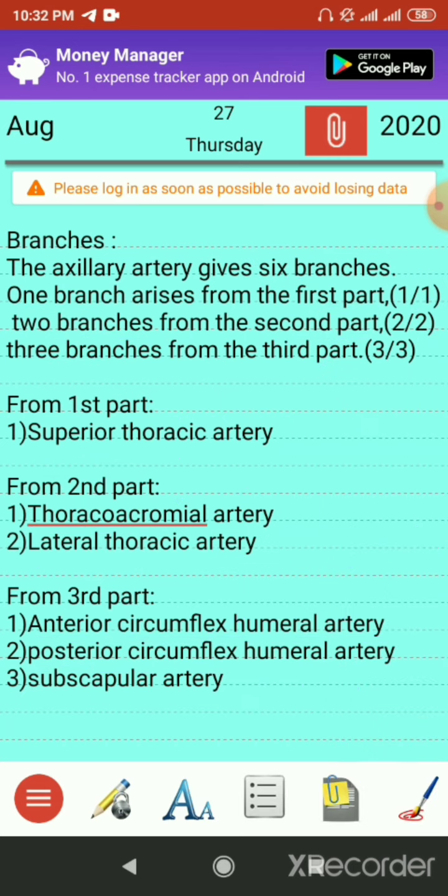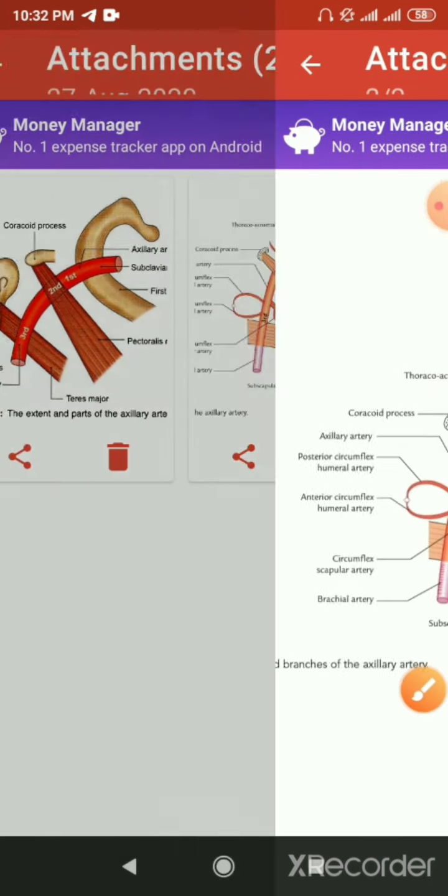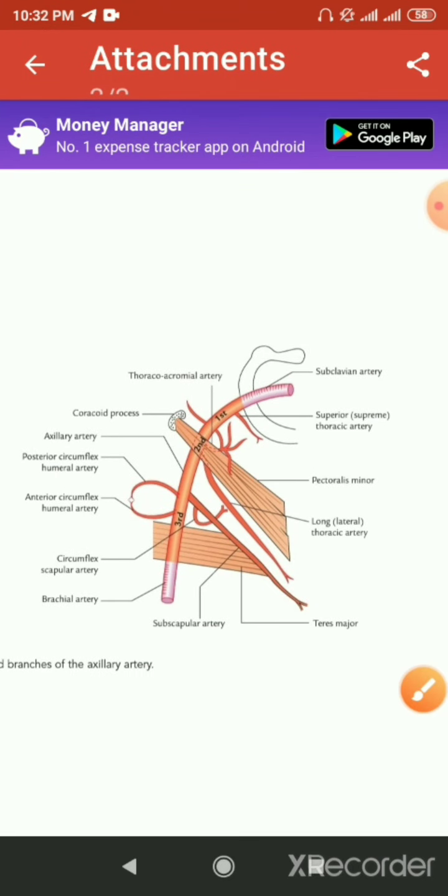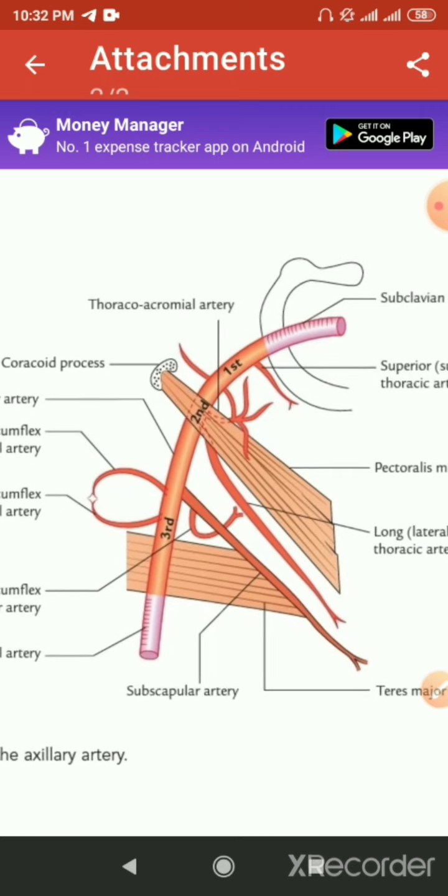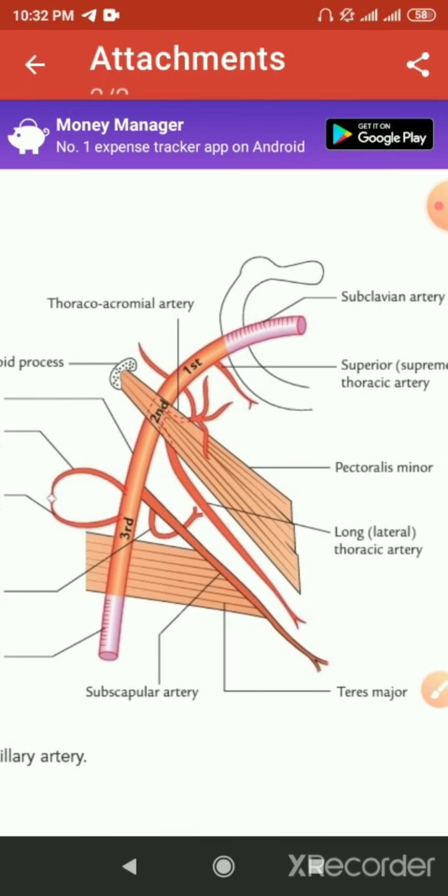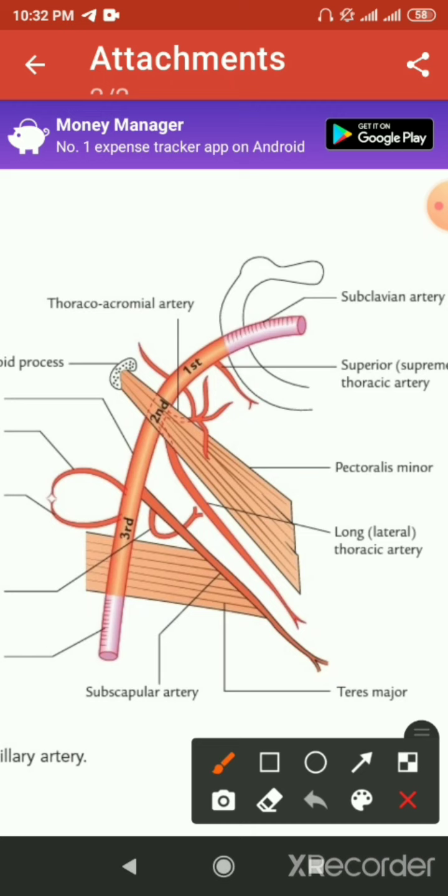Okay. So let's see the branches. You can see from the first part 1 branch comes, that is the superior thoracic artery. Then from the second part 2 branches come.